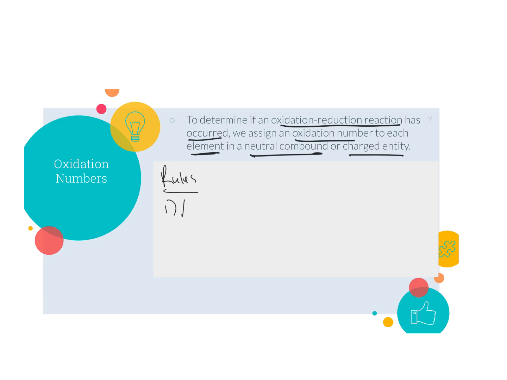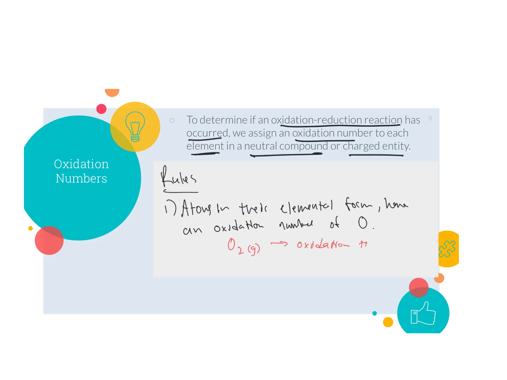Rule number 1: atoms in their elemental form have an oxidation number, or an oxidation state, of 0. An example of this is O2 gas. This is in its elemental form, so its oxidation number equals 0.